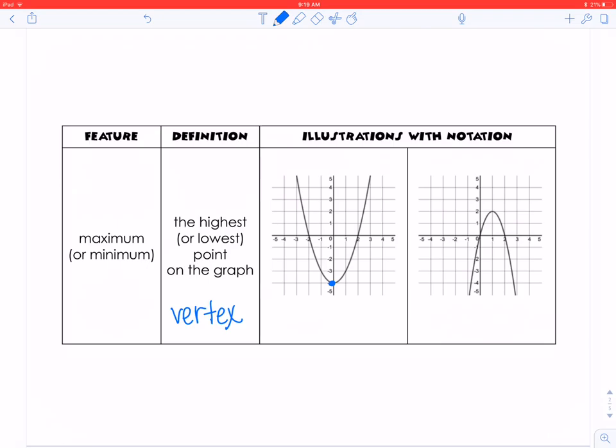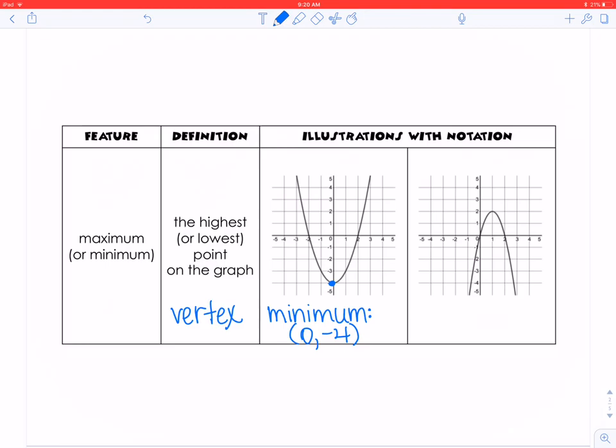We continue up forever, but as low as we go is 0, -4. So if that's the lowest point, then that's going to be a minimum. And then let's also note where that minimum is located. It is at the point 0, -4. So give me the coordinate of the vertex, x, y, ordered pair.